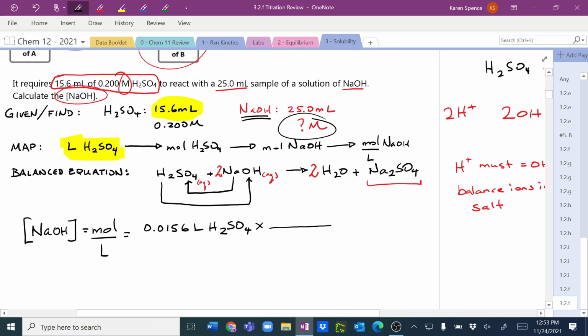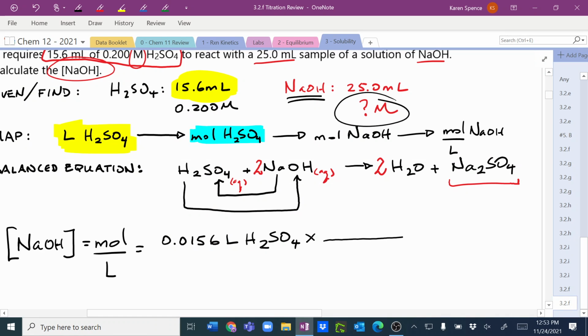How can I convert that into the next one over, which is moles of H2SO4? Do we have any information that will allow us to do that conversion? Yes, the molarity, because molarity is moles per liter. And by the way, if you get stuck on this, remember, what does "of" mean?